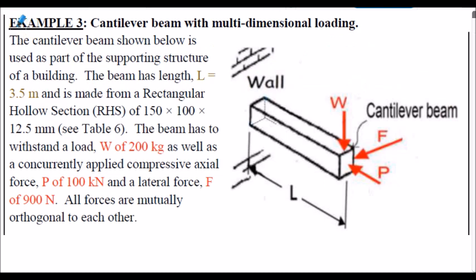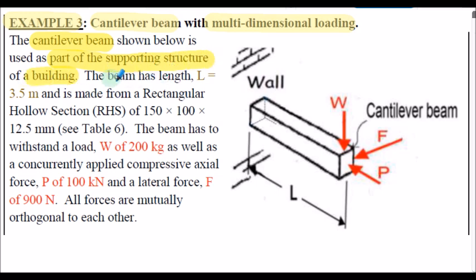Let's consider now example 3. This is a cantilever beam again, but with multi-dimensional loading. In other words, you'll see we've got 3 multi-orthogonal loads applied to the free end of the cantilever beam. The cantilever beam shown in the sketch is used as part of a supporting structure of a building.